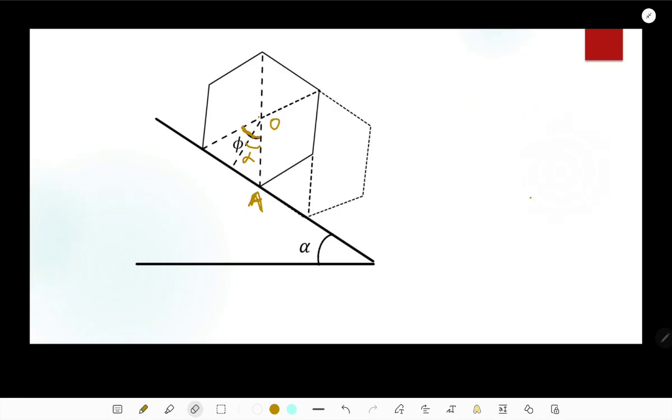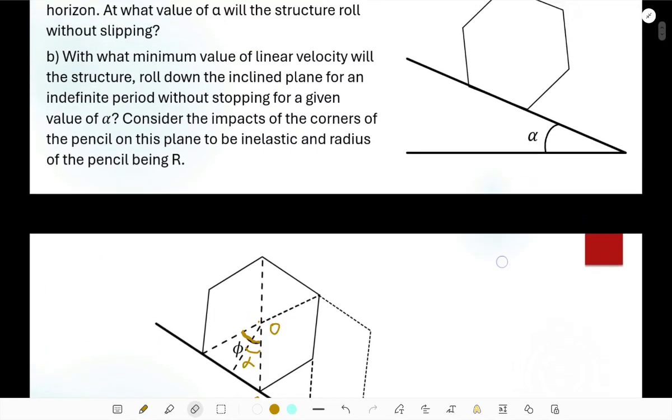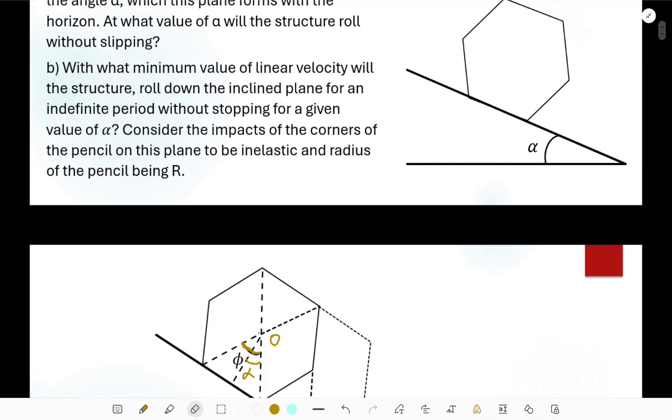The statement of the second part is: with what minimum value of initial velocity will the structure roll down the inclined plane for an indefinite period without stopping, for a given value of alpha?